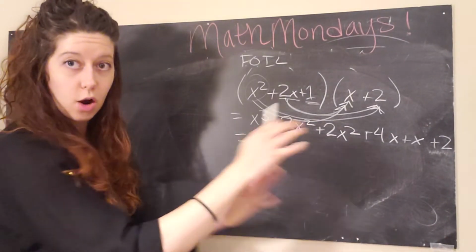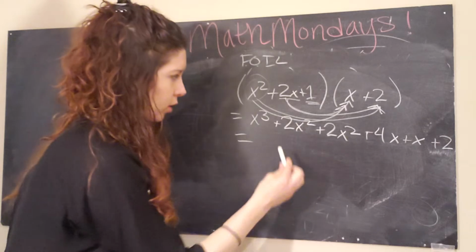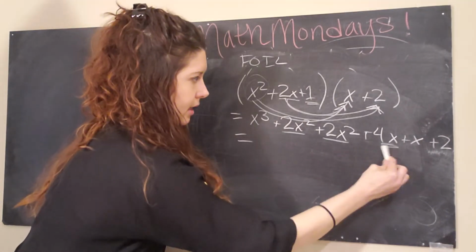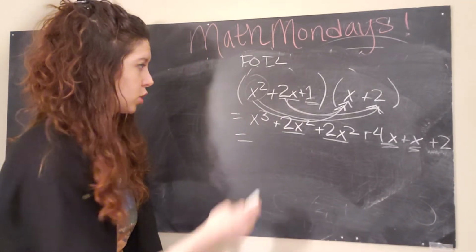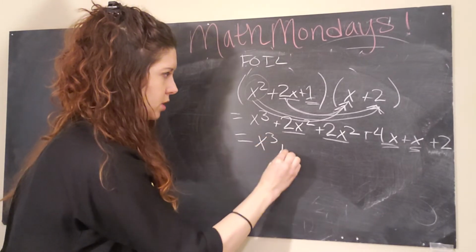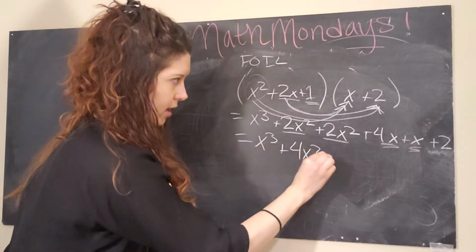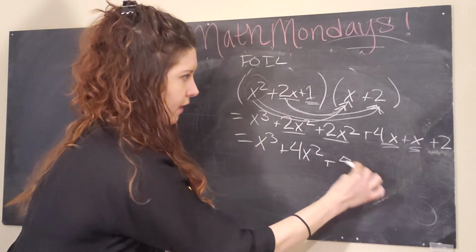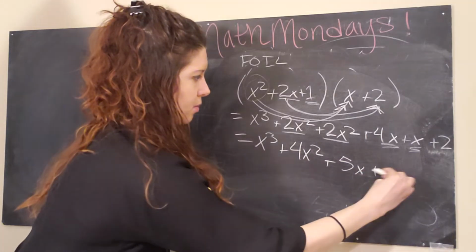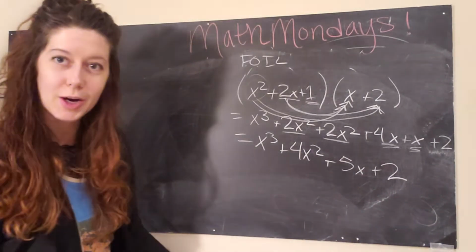Now we can simplify our whole equation, again, by combining like terms. So we get x cubed plus 4x squared plus 5x plus 2. There we go.